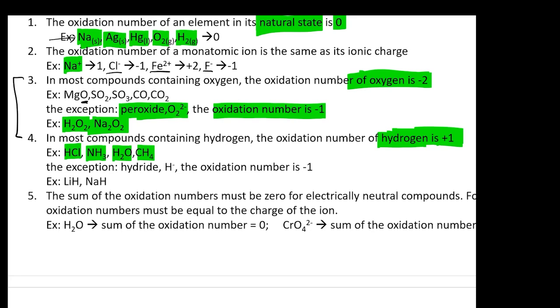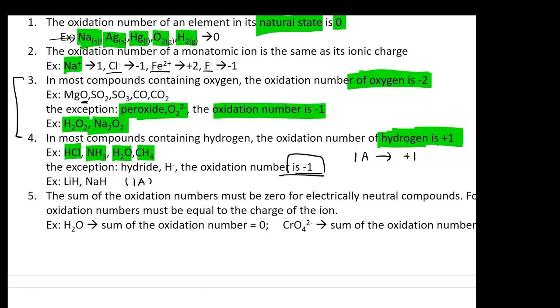The exception is when the H forms a compound with a 1A group, then it has an oxidation number of -1. So the exception is always related to your 1A group, because the 1A group always carries +1 when they form a compound.